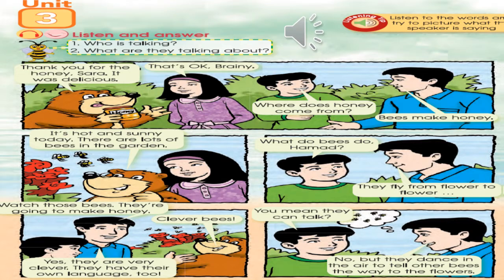Watch those bees. They're going to make honey. Clever bees. Yes, they are very clever. They have their own language too. You mean they can talk? No, but they dance in the air to tell other bees the way to the flowers.